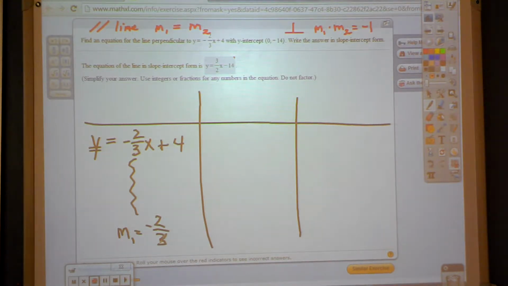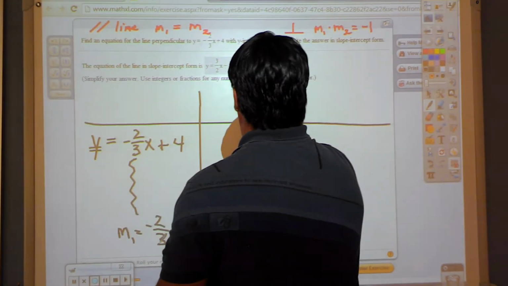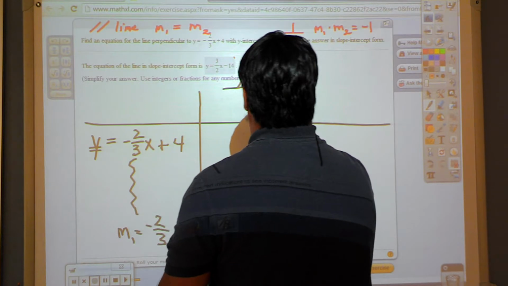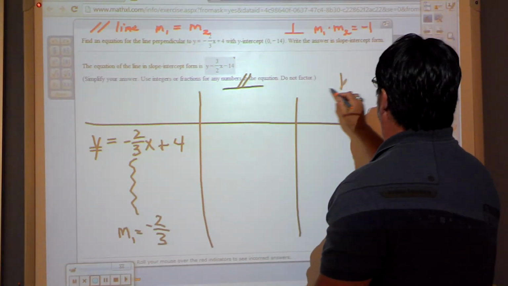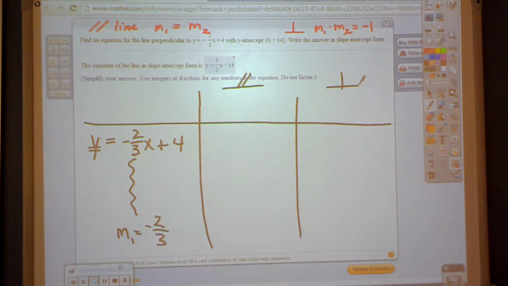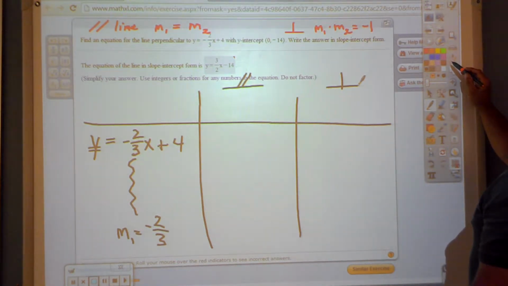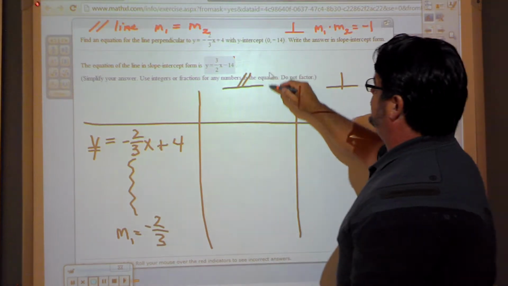Now, use your rule. We're going to make this column the parallel column. We're going to make this column the perpendicular column. So let me just do this. I'm going to change this.